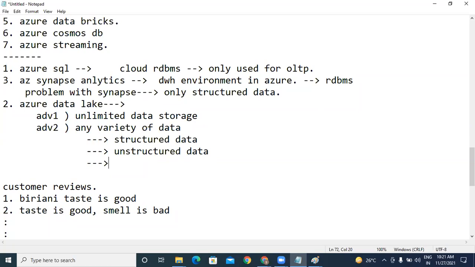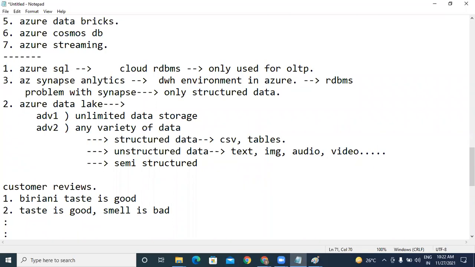Understood? The third thing is semi-structured. What are examples of structured? CSV files, tables, anything similar. Unstructured means Excel, video files, raw text, images, audio, video, such kind of things.